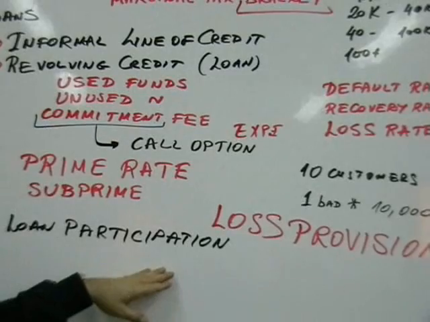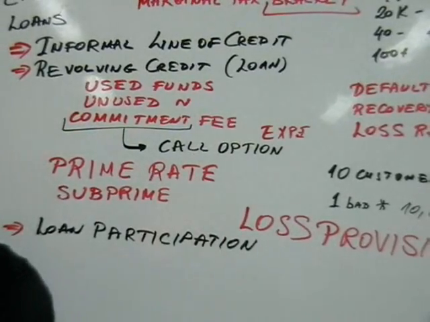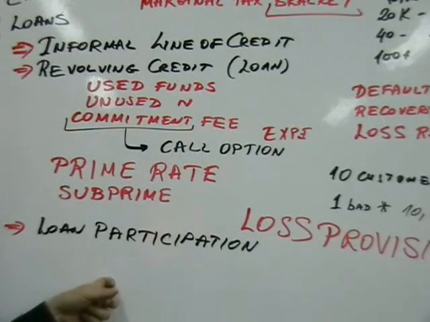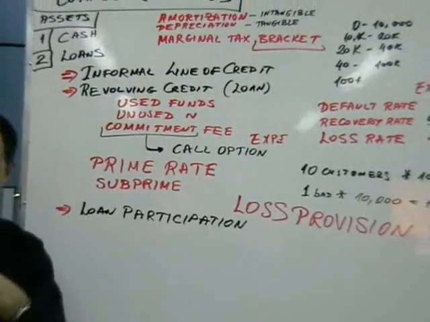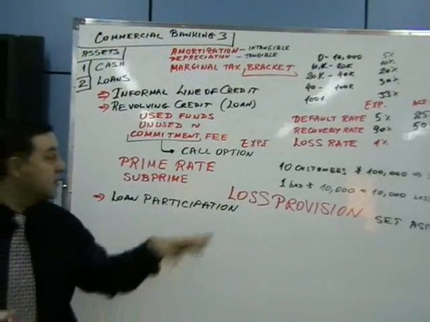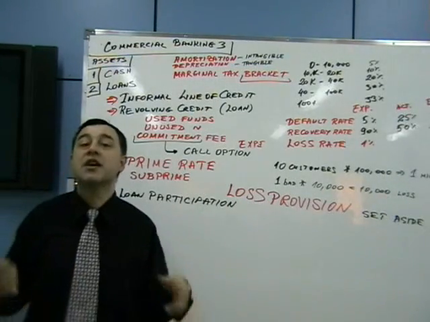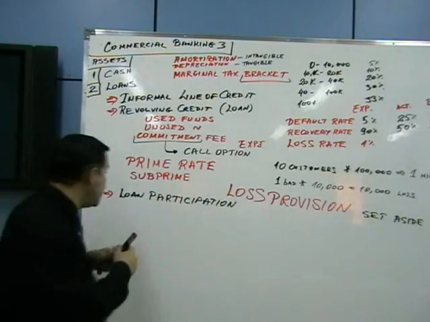So a loan participation is when a bank will participate in a bigger loan because the bank is not willing to assume the full loan or the full risk for the loan, and the bank will be willing to share both the revenues and the expenses and potentially the risk, in other words, the gains and the losses, with 5 other banks. And one of these banks we call the lead bank.